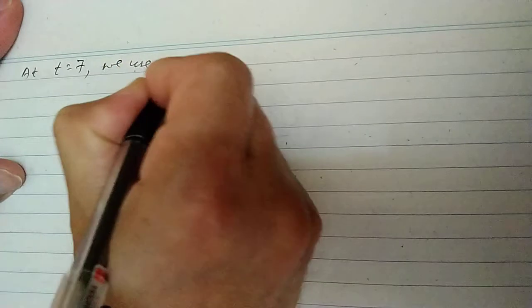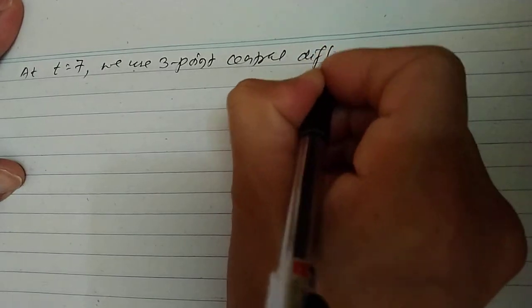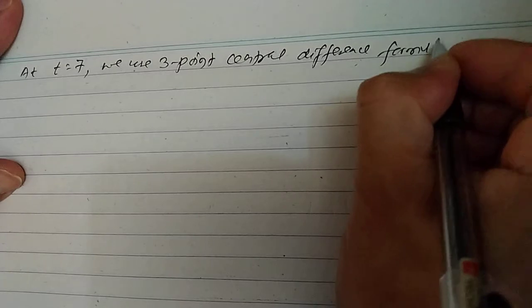So let us do here at t equals to 7. We use the 3-point central difference formula.